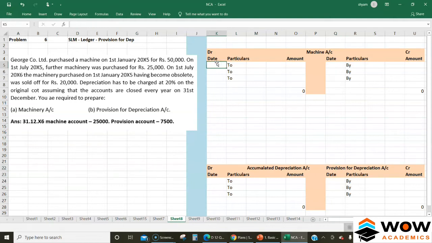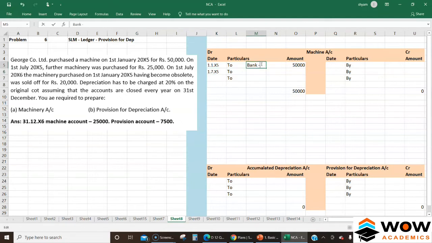On 1/1/2005, we have a bank entry, and the amount comes to 50,000. And the next one is on 1st July in the same year, we are buying another machine.